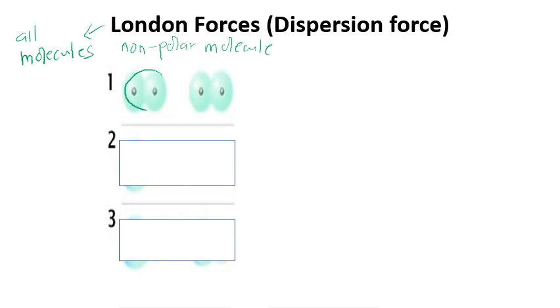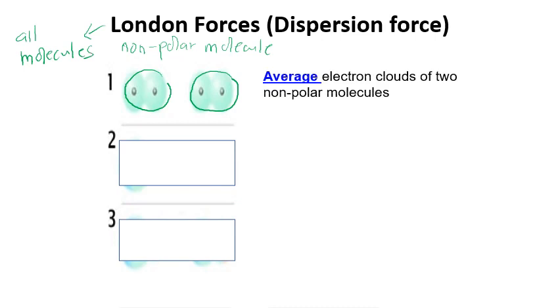How do we know they are non-polar? Because from this diagram, we see that the electrons are distributed evenly. This is what we call average electron counts of two non-polar molecules, evenly, or in Bahasa, sekata.